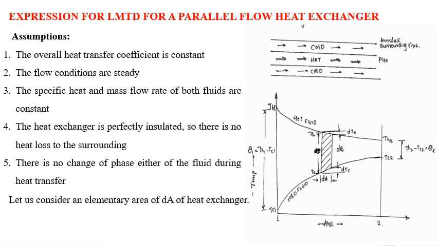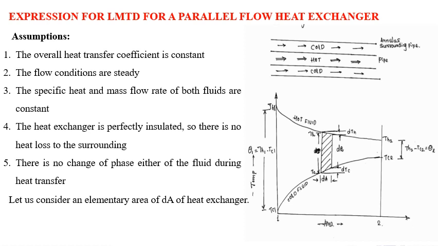Here let us consider a parallel flow double pipe heat exchanger, as shown in the figure. The temperature difference delta T between the hot and cold fluid is large at the inlet of the heat exchanger, and it decreases exponentially towards the outlet.